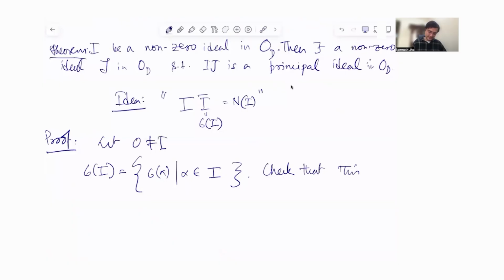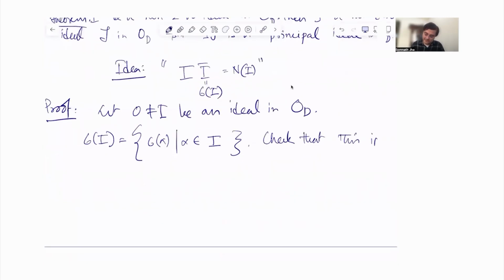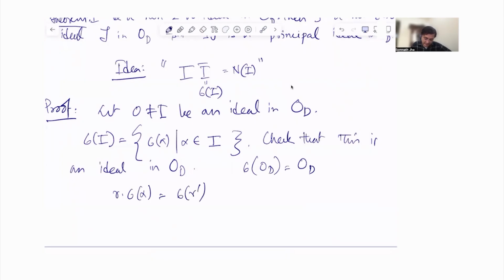Let I be an ideal in O_D and define sigma(I) to be the set of sigma(alpha) for alpha in I. This is an ideal because alpha belongs to O_D, so sigma(alpha) belongs to O_D, and sigma(O_D) can be checked to be equal to O_D. So if r belongs to O_D, then r times sigma(alpha) equals sigma(r' alpha) for some r', which belongs to sigma(I), for all alpha in I and r in O_D. This implies that sigma(I) is an ideal.